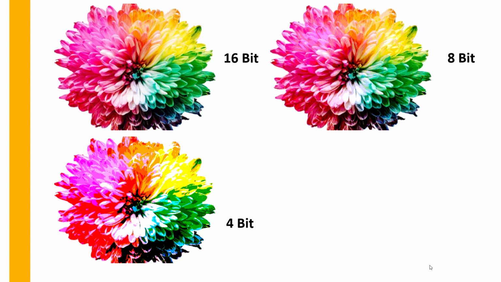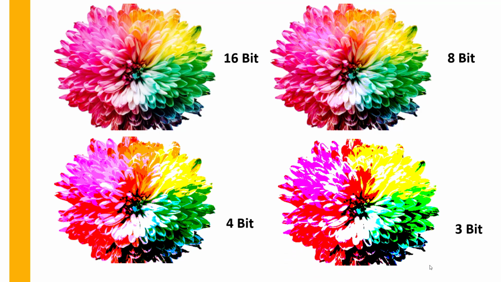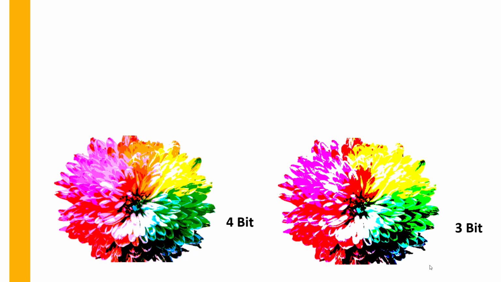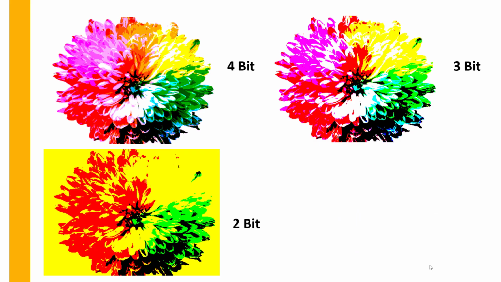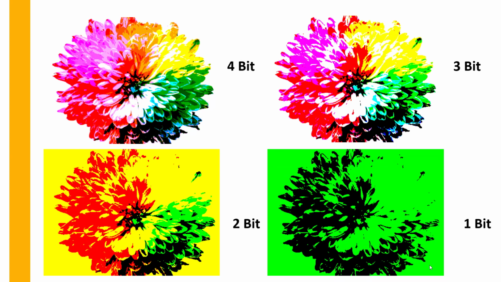You can see now there are not many colors. With 3 bits, only 8 colors are available. As color depth is reduced even more, the color range gets even more limited. We can conclude that with the decreasing color depth, the image quality declines. So there is a direct relationship between image quality and color depth.